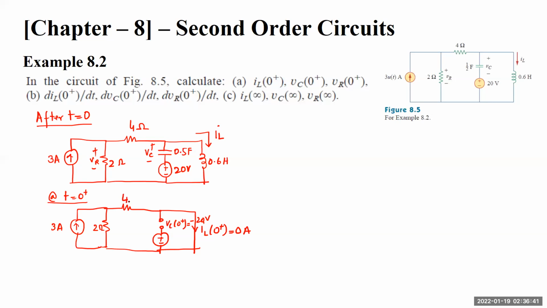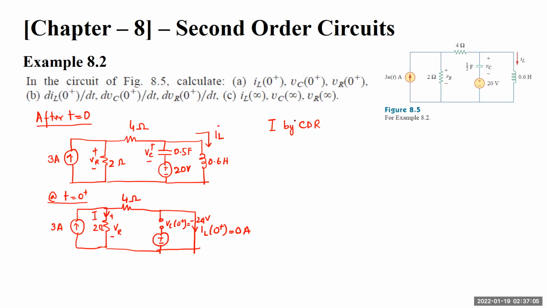This is 4 ohm. So what is the effective voltage VR in this case? My effective voltage will be calculated by whatever the current I is, multiplied by 2 ohms. I can easily find I by the current divider rule, or CDR.